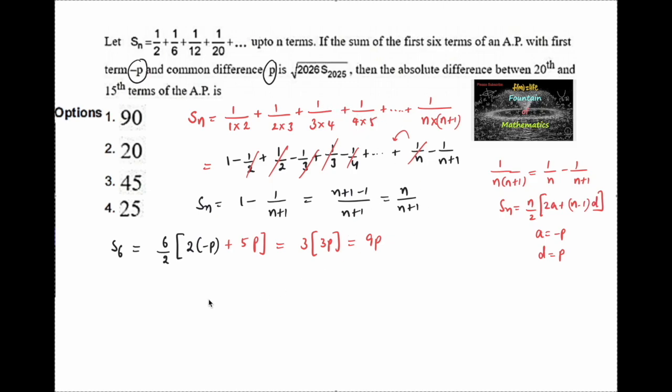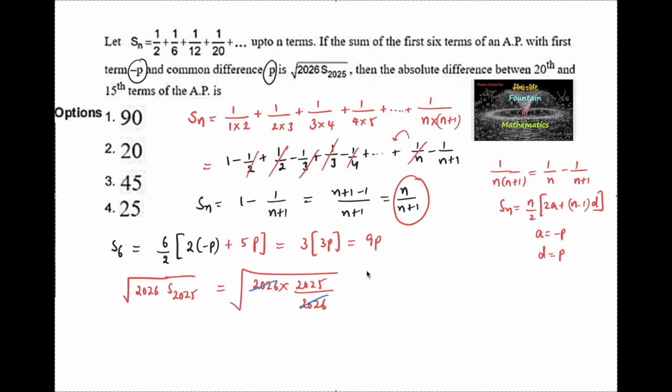And the sum is given 2026 times S 2025. So here S 2025 we can write it as, so this is Sn, 2025 divided by 2026.